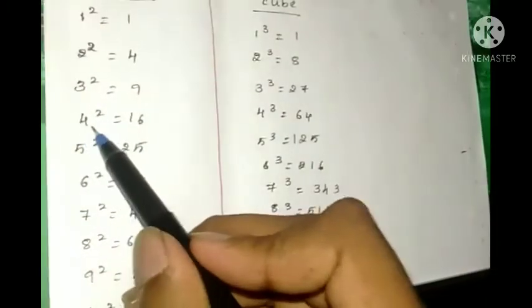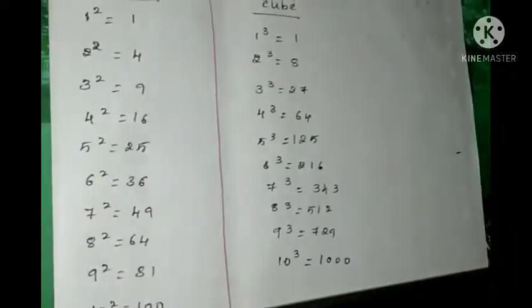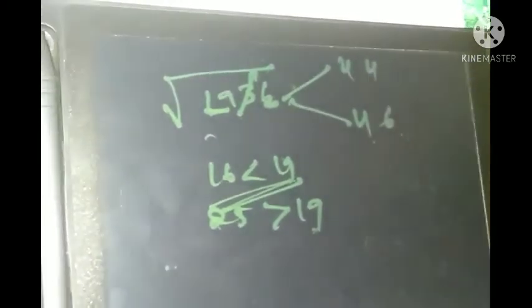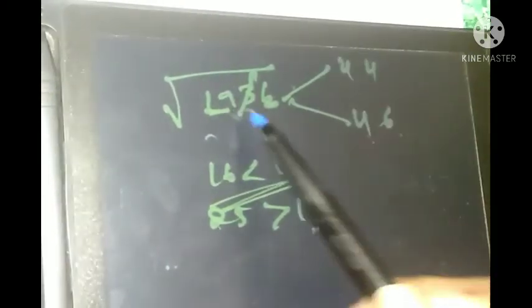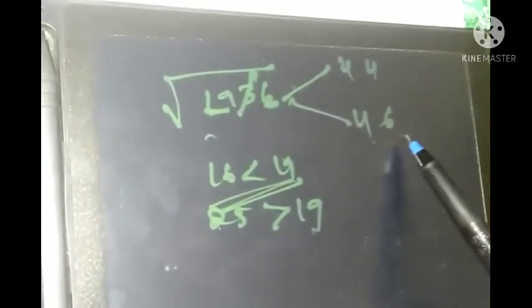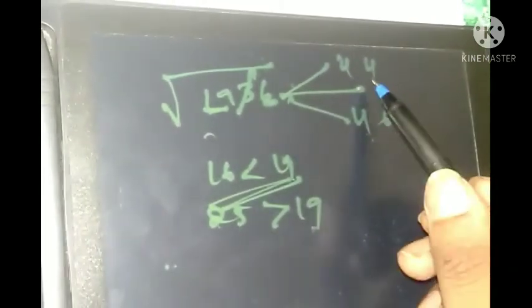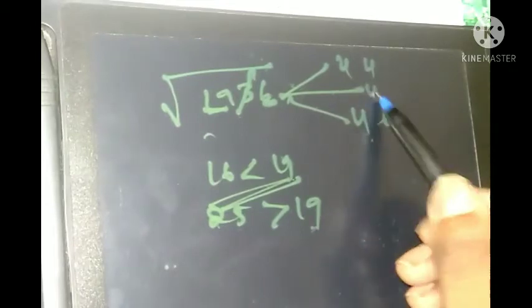That means at 4 squared, 16 is there. We take 4 here. There are two possibilities, 44 and 46. Now we take any number between 44 and 46. We take 45.